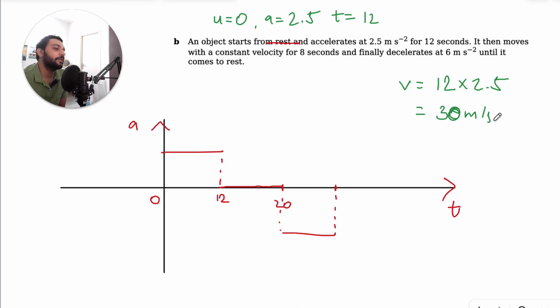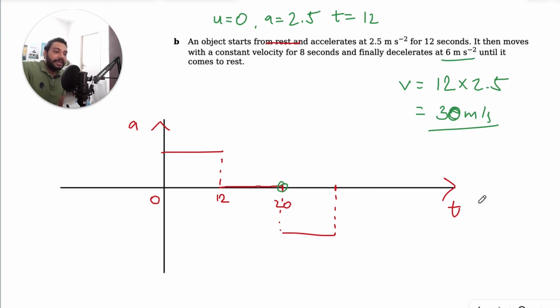It then moves with a constant velocity, that means 30 meters per second constant velocity for 8 seconds. And then finally it decelerates at 6 meters per second square until it comes to rest. This can be done verbally as well. You have a constant velocity of 30 meters per second at the end of t equal to 20 seconds. So it first increases up to 30, then stays at 30 for 8 seconds more, and then at t equal to 20 it starts decelerating at 6 meters per second square.